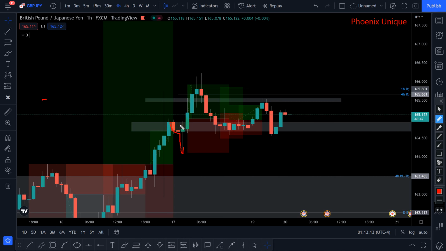I'm trying to represent this bullish candle here, redrawing it using kind of a line chart. Price opened here, dropped very deep, came up high, then closed there.